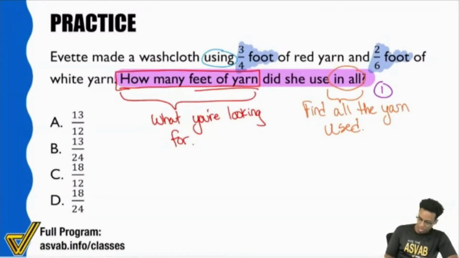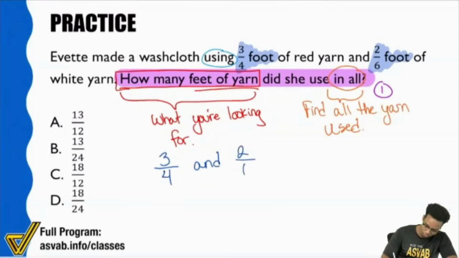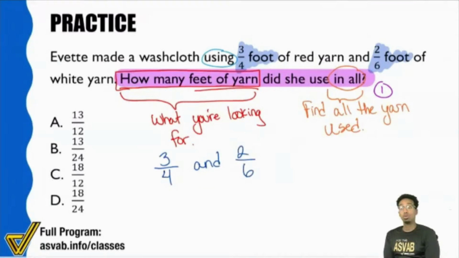Okay. Everybody, did they say to care about what color of yarn was used? Okay, so we don't need to include that it's red yarn or white yarn. All I know is that I got 3/4 of a foot and 2/6 of a foot. So what am I supposed to do with both of those numbers?